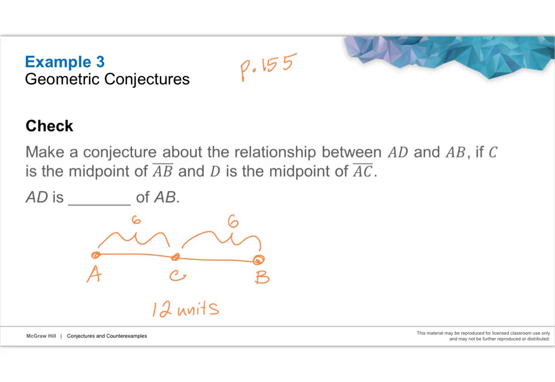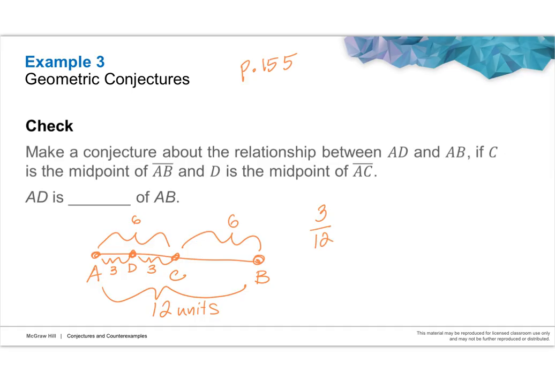Now D, we're told, is the midpoint of AC. So we'll add this point right here in the middle. If we think about the congruent pieces that point D splits segment AC into, we now have 3 and 3 for the length there. So if we think about what AD is in relation to AB, AD is 3, and AB, remember, we started with the full length of 12.